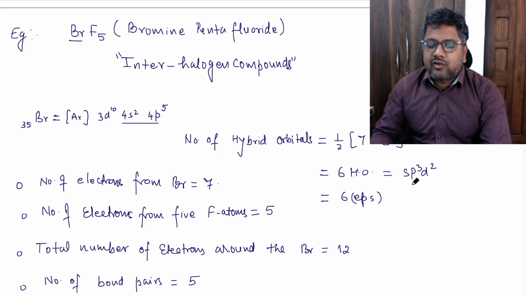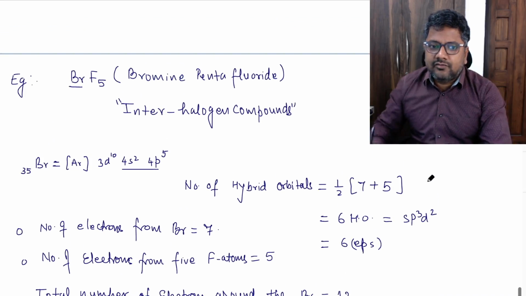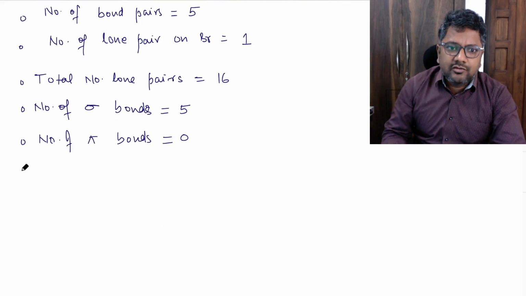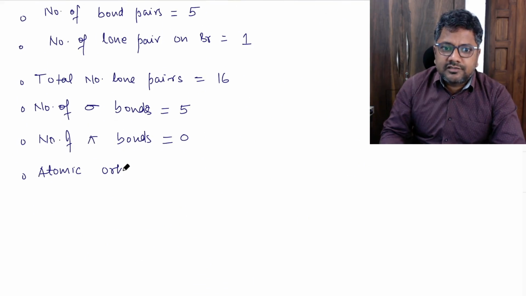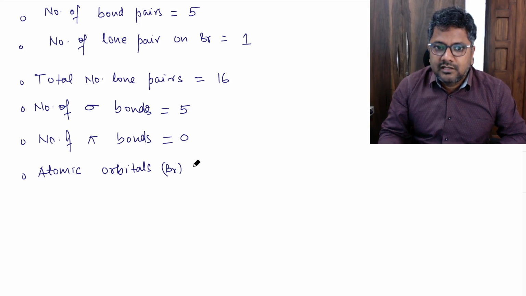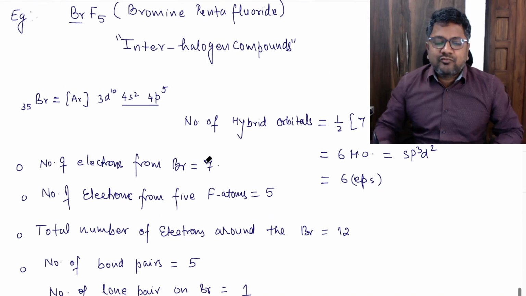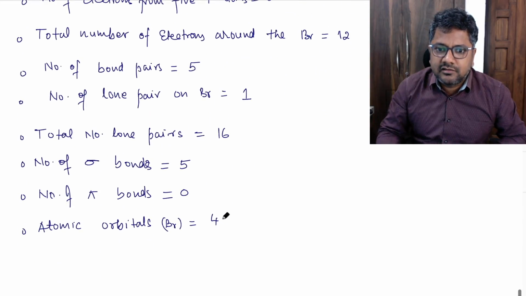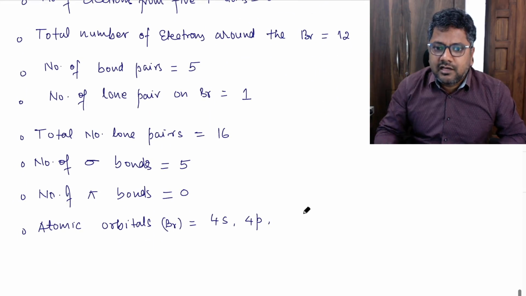So what hybrid orbitals, what atomic orbitals are involved here? The atomic orbitals of bromine involved in this molecule are 4s, 4p and 4d: 4s, 4p and 4dx2-y2 and 4dz2.